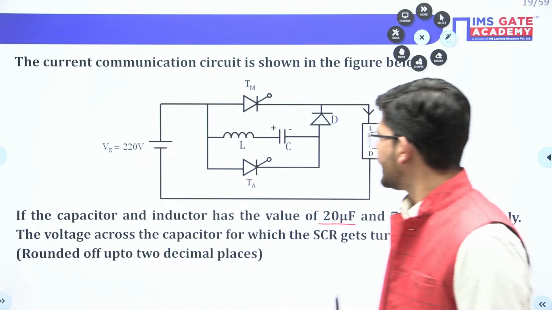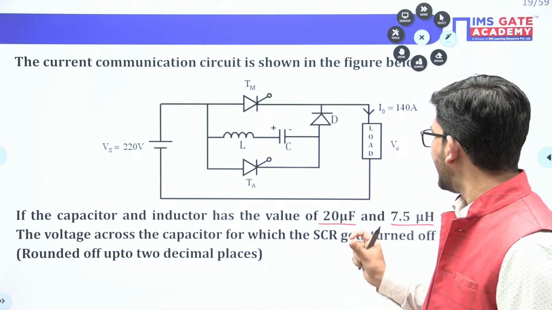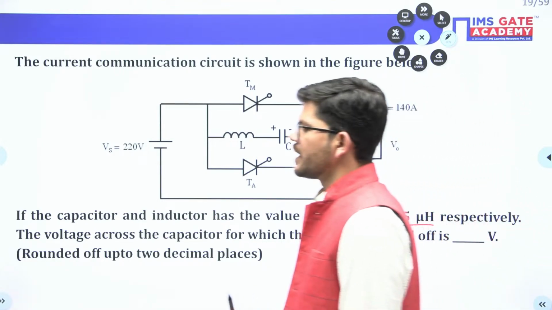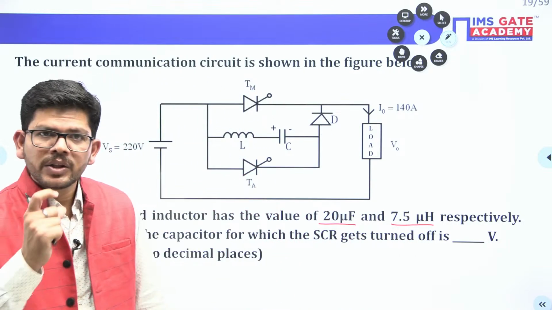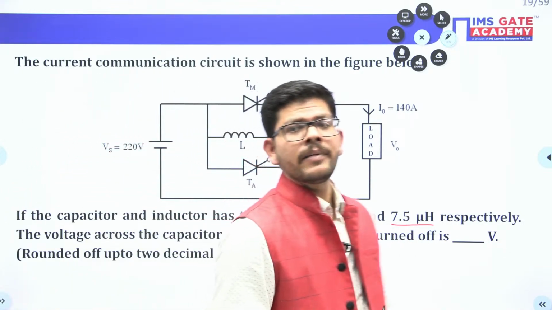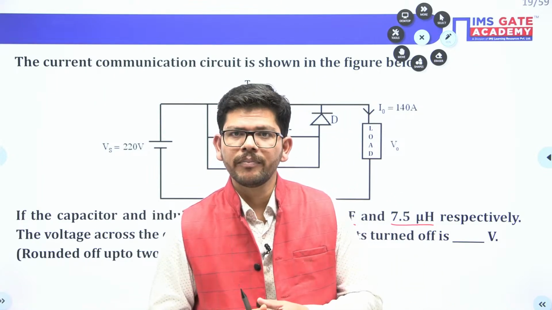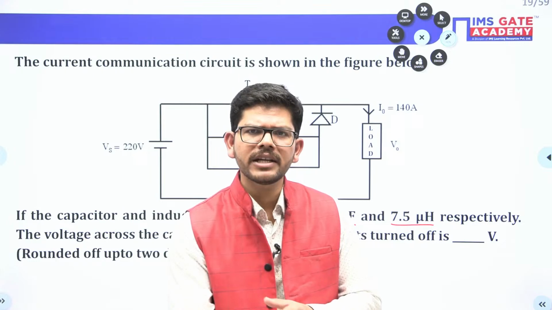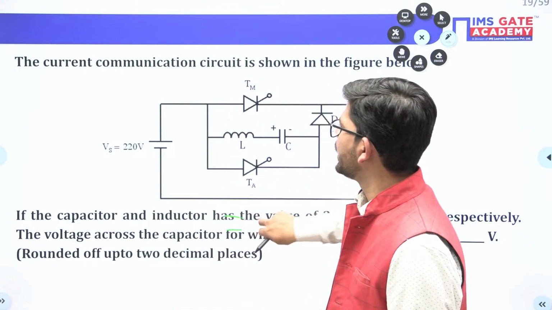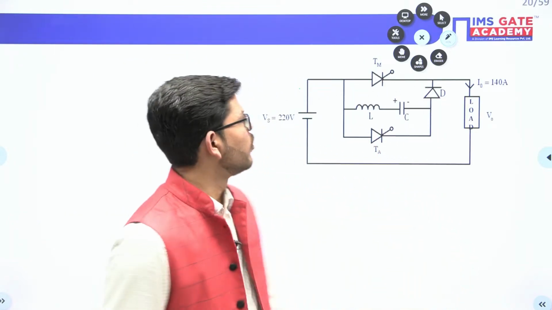The voltage across the capacitor for which the SCR gets turned off. We have to determine the voltage across the SCR applied when it is turning off, meaning the reverse voltage that the capacitor will apply, we have to determine that particular voltage here, guys.